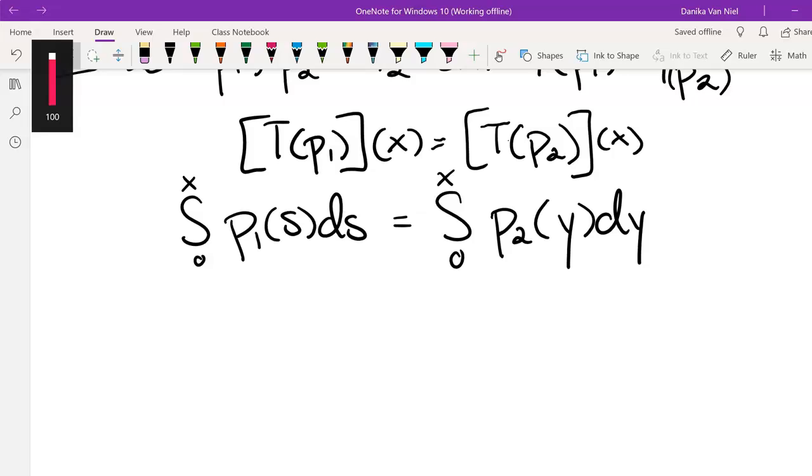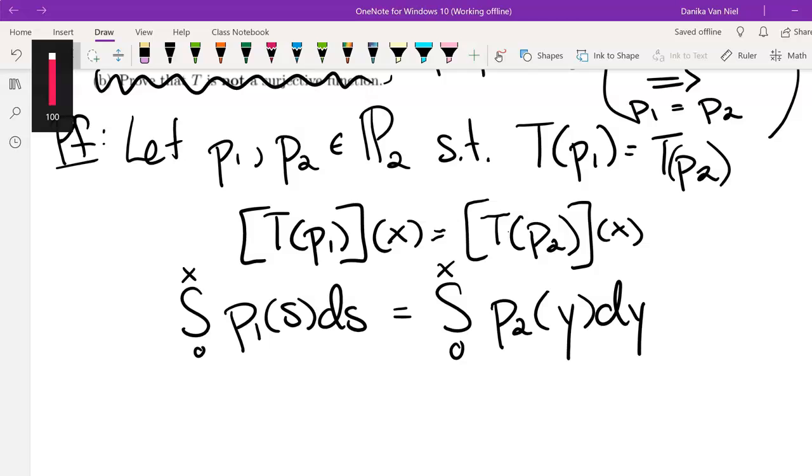Okay. So we're kind of stuck, right? What are we even supposed to do here? So maybe let's think about what we know about P1 and P2. Oh, well, we know that they're in here. So what does that mean? Well, the hints that they were so nice to give us.